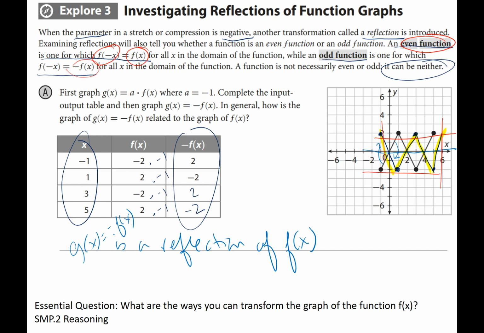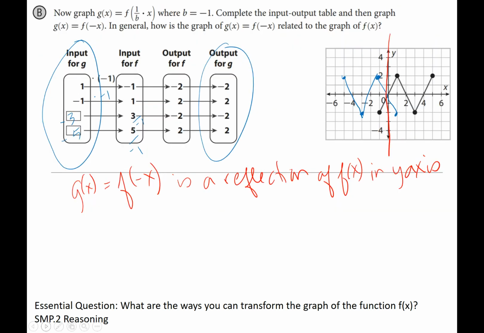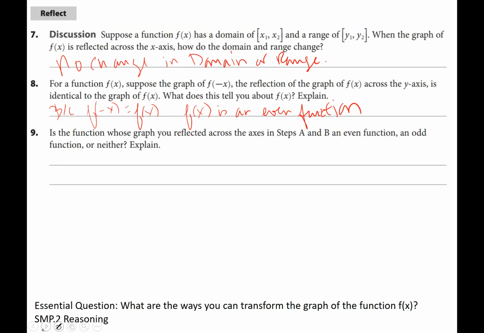So the even function, we know it wasn't an even function because it didn't land back on itself when we did these steps here. If it was an odd function, we would have gotten the negatives, we would have gotten opposite outputs here, and we didn't. We got the same outputs. So it's also not an odd function, so it's actually neither in this case.